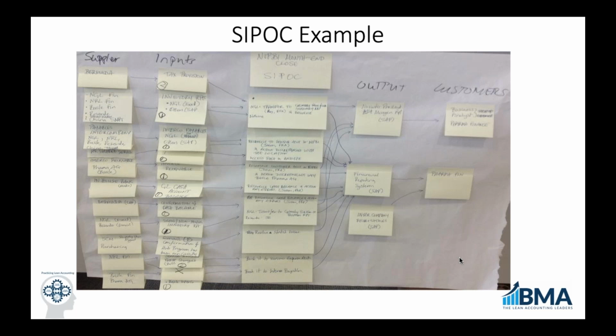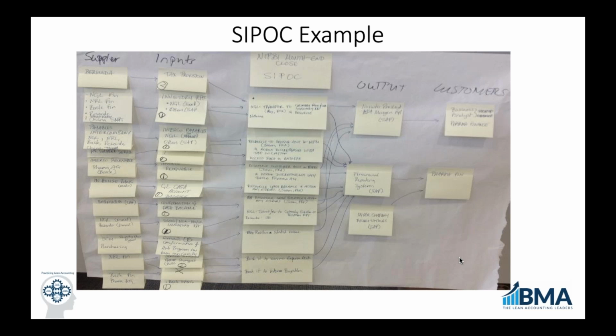And here's the interesting part about the SIPOC process, which was too hard to explain on a slide. You set this up, and using Post-it notes is great. The first step in the SIPOC process is to list the process steps. The second step is to define the output. The third step is to define the customer. Then you go back to inputs and suppliers.